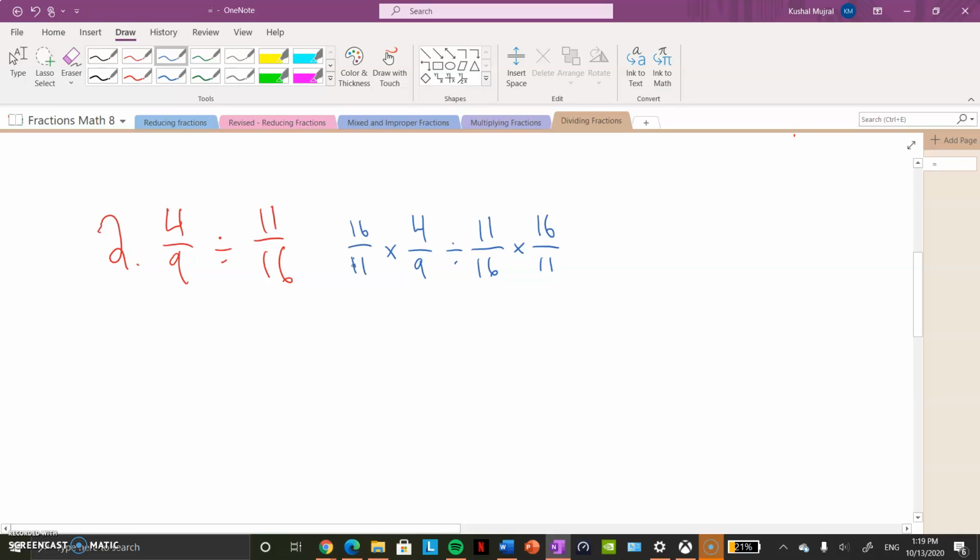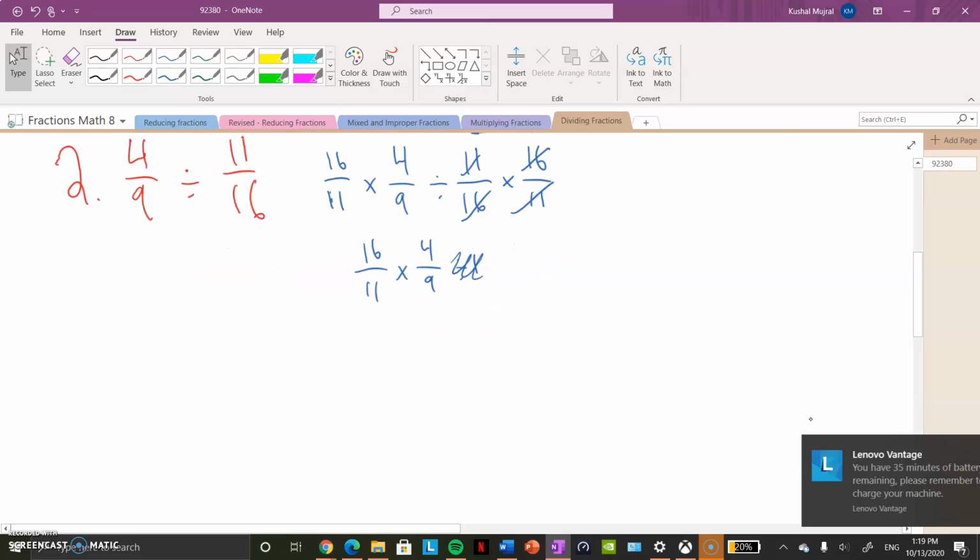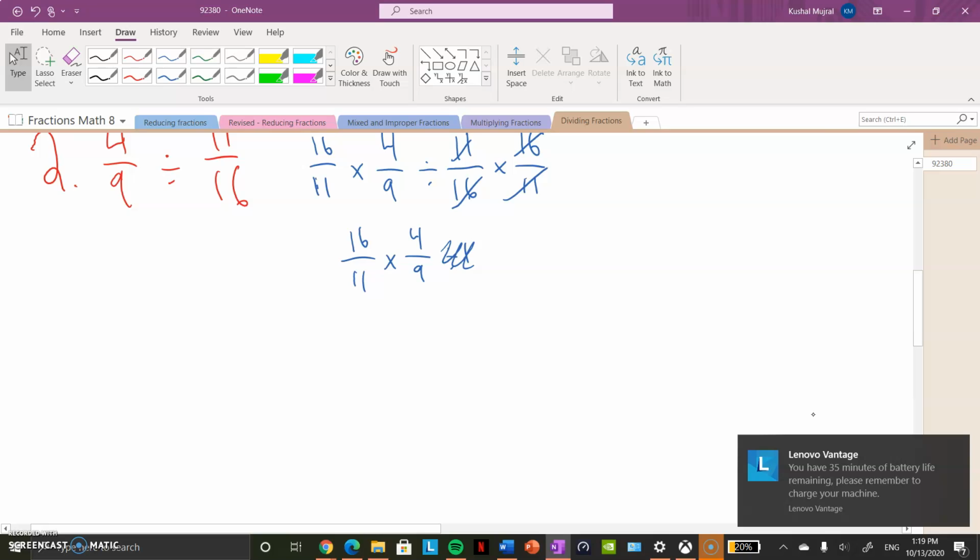This is called the reciprocal of 11 over 16. So on this side, it cancels out, and this becomes 1. On this side we're left with 16 over 11 times 4 over 9 divided by 1, and that doesn't matter because anything divided by 1 is just the same number.